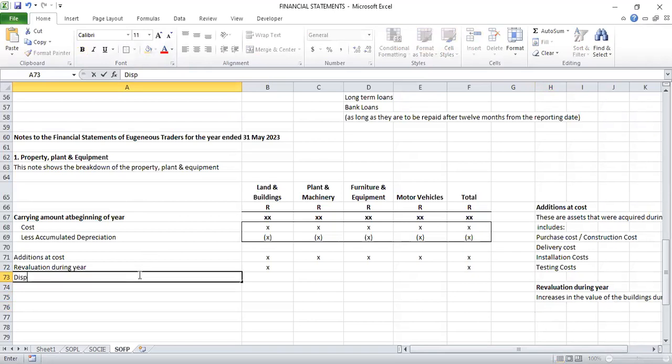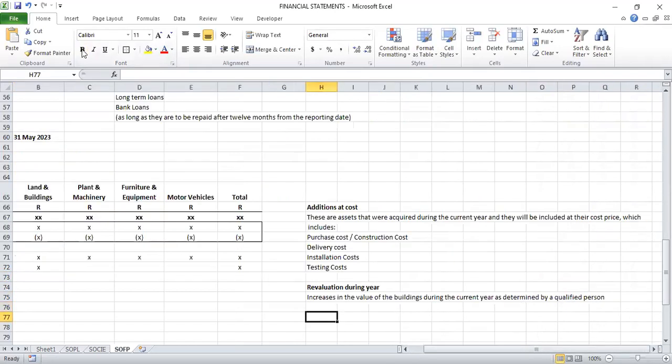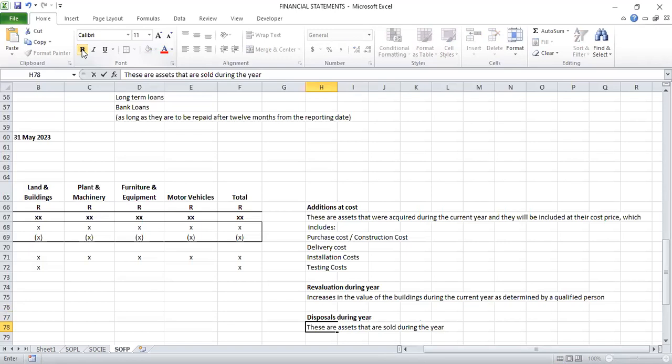Then we have got disposals during year. Disposals during year. These are assets that are sold during the year. And they will be recorded as carrying amount.